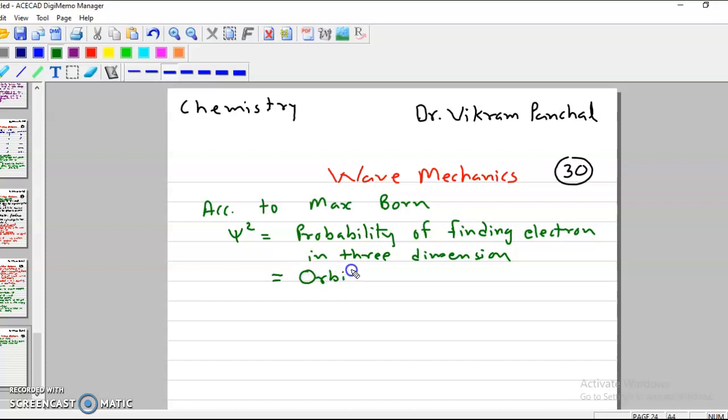So psi square means orbital. It is a space around the nucleus in which we find the electron. We know that there are various types of orbitals: s, p, d and f. This concept arose because of Schrodinger's wave equation, and now we come to know that the probability of finding an electron can be given by psi square, and that is nothing but the concept of orbital.